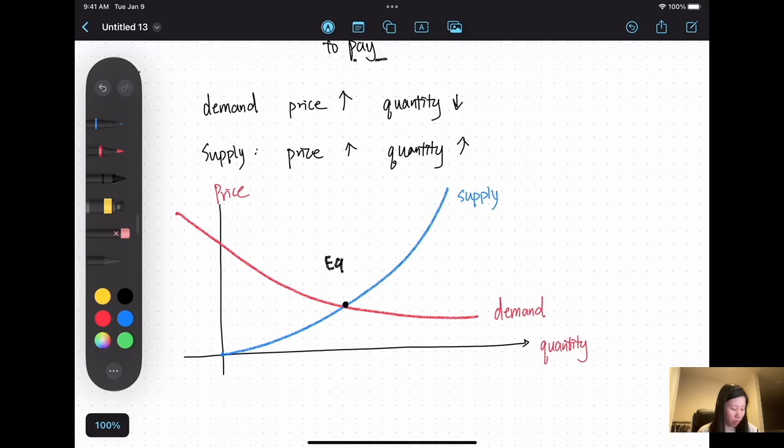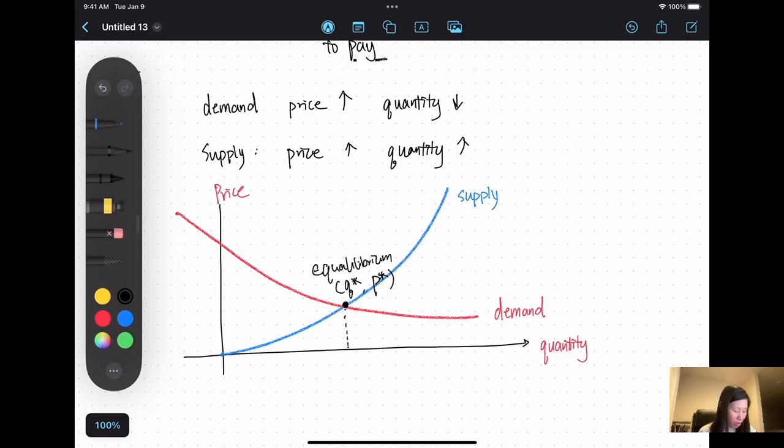Let me use a different color. Equilibrium point. So let's say at that point, we're going to produce Q star of product at price P star.